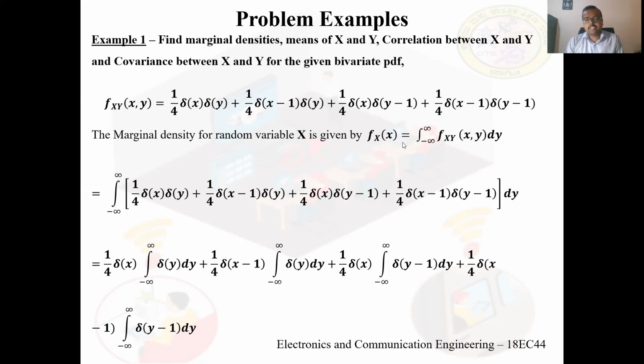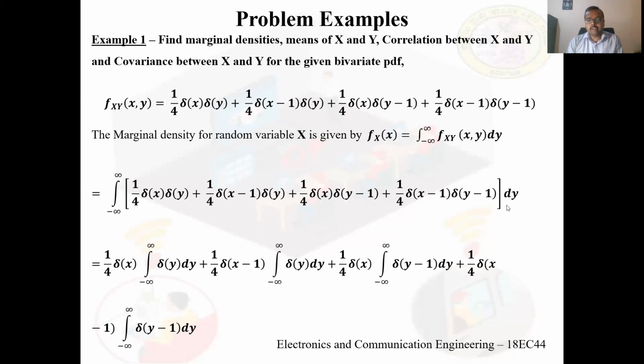f_X(x) is equal to the integration from minus infinity to infinity of f_XY(x, y) dy. Now substitute the joint PDF, which is given in the problem, into this integration.